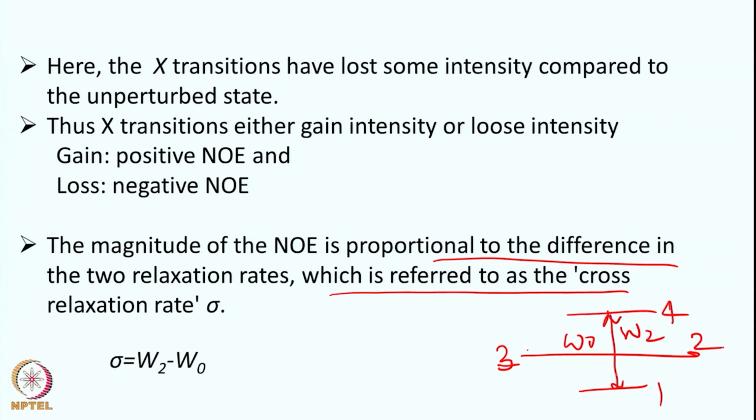Therefore, this cross relaxation rate depends upon the difference between omega 2 and omega 0, and that gives rise to different kinds of NOE, positive or negative. Okay, so where is positive NOE and where is negative NOE?